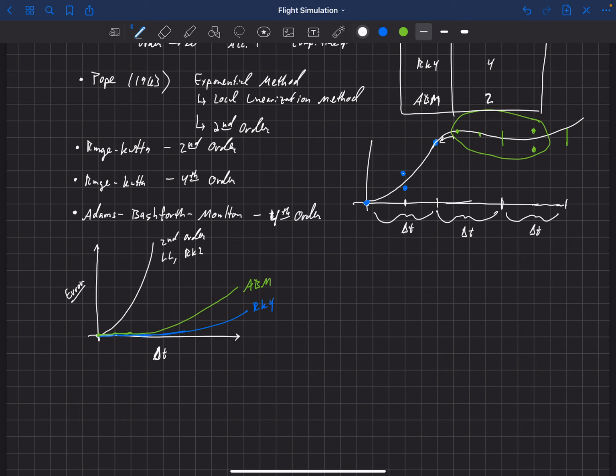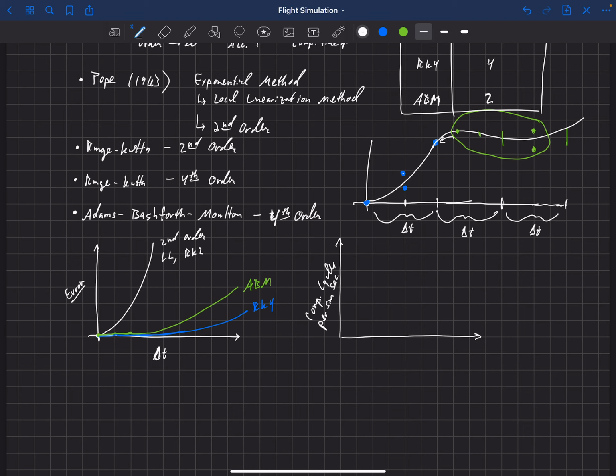So let's plot the computational cycles per simulated second. We're going to say per sim second, okay?